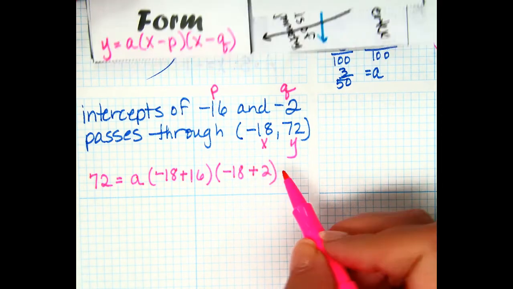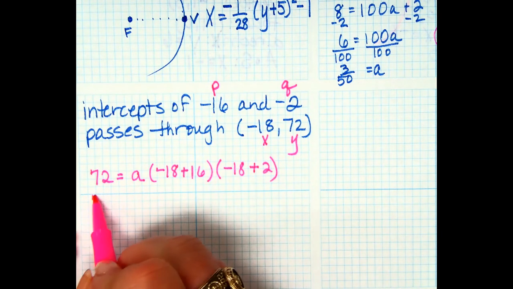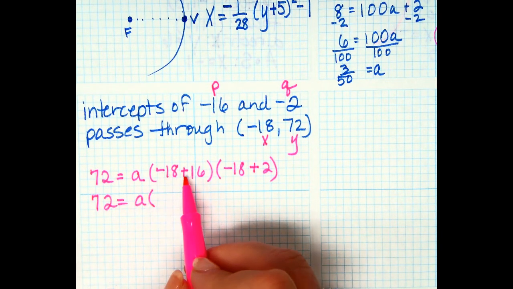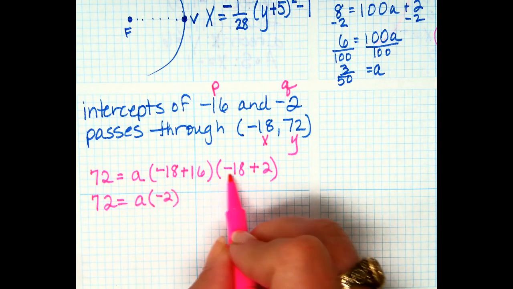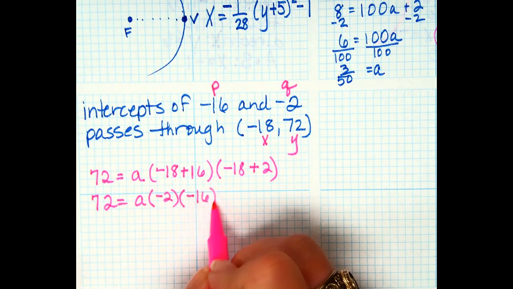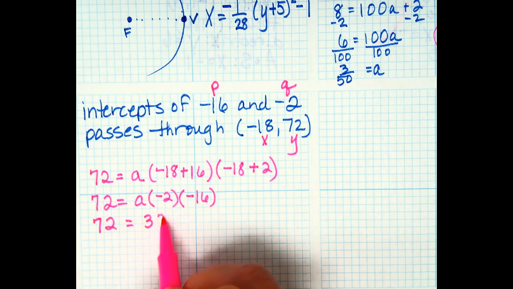So again, plus 2, right? Now we just need to simplify this, don't we? 72 equals A times, what's negative 18 plus 16? Negative 2. And what's negative 18 plus 2? Negative 16. So 72 equals 32A.